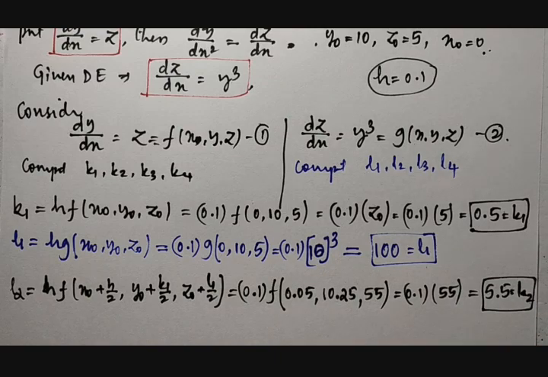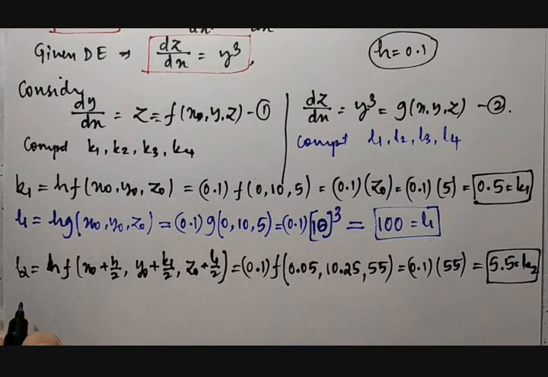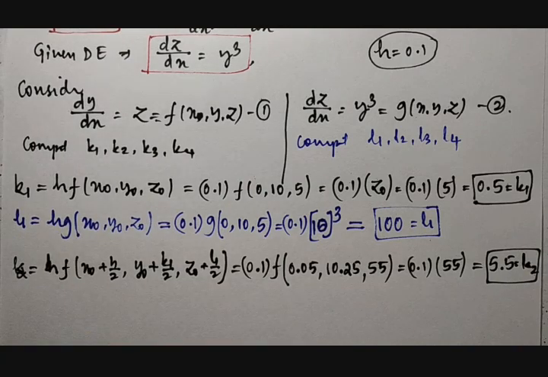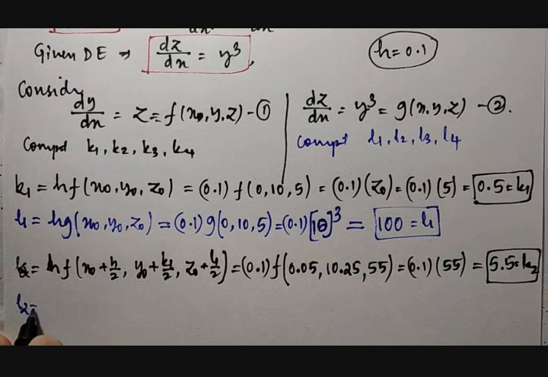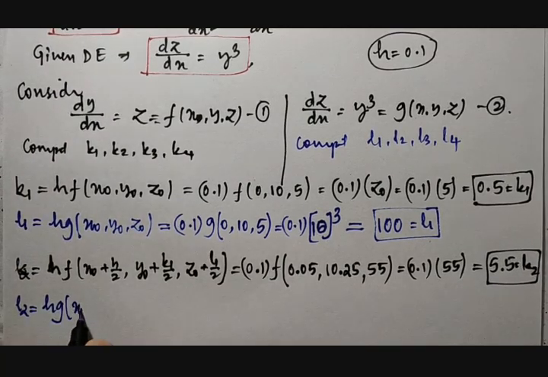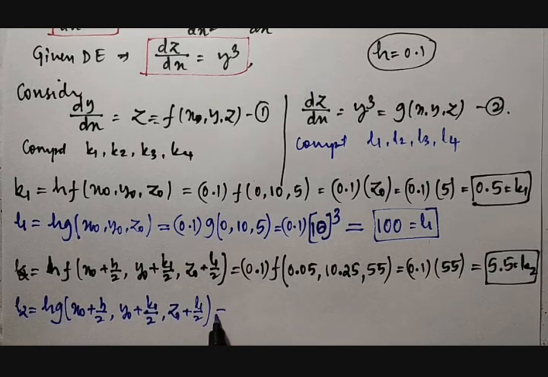Okay, similarly we'll be taking L2. What is L2 now? H into g of x naught plus h by 2, y naught plus k1 by 2, z naught plus L1 by 2.